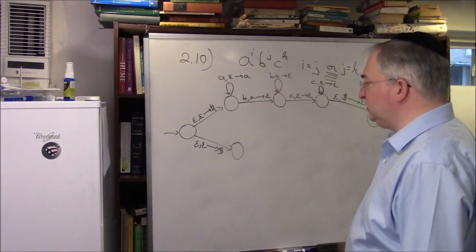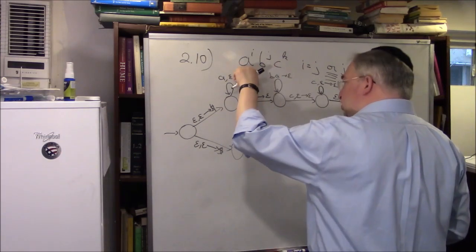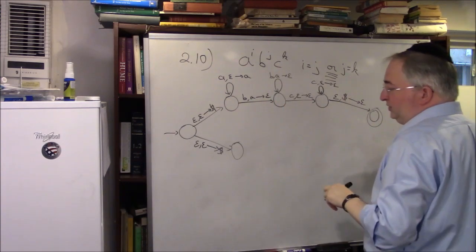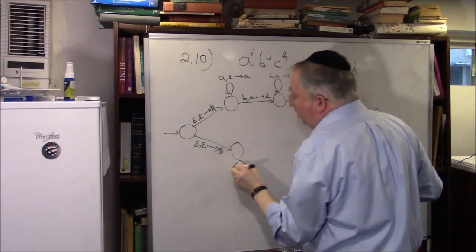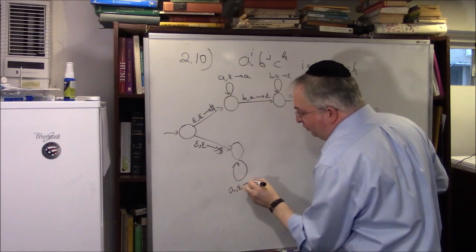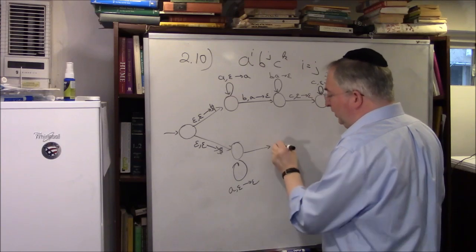Again, push on the A's, pop off for every B, pop them off. Just read the C's. Now we're going to do the other way. Here we have j is equal to k. So just going to read the A's, push on the B's, pop off with the C's. Okay, so let's do it. Just read the A's. A, comma, don't pop anything, don't push anything. Okay, great.